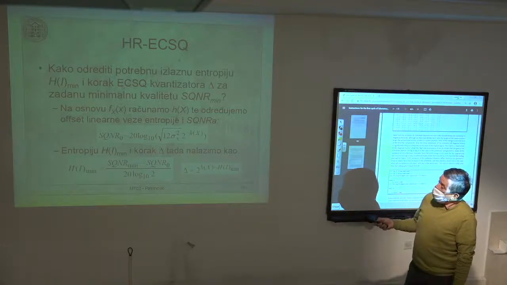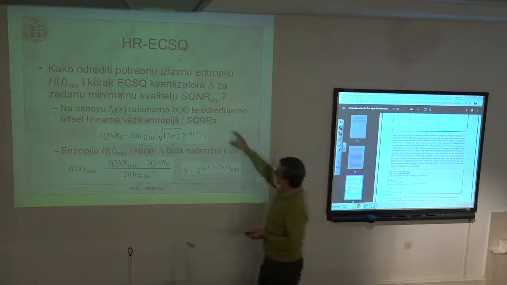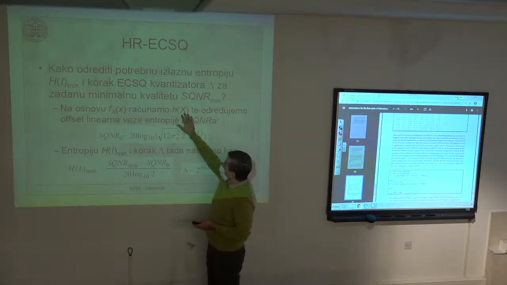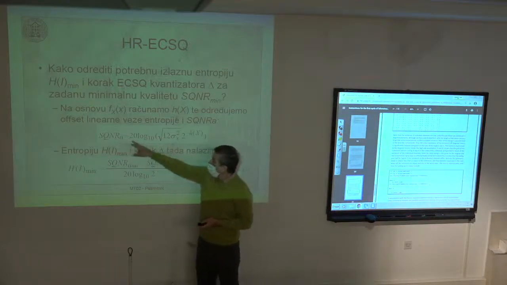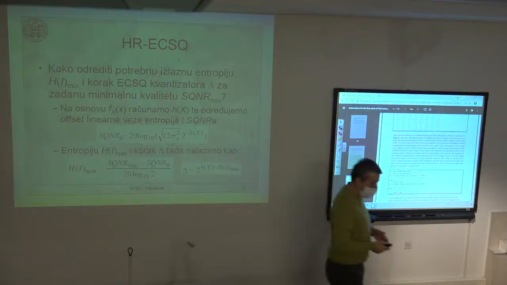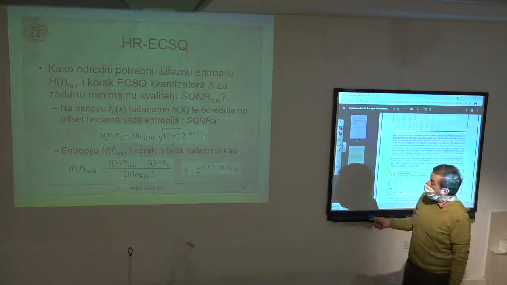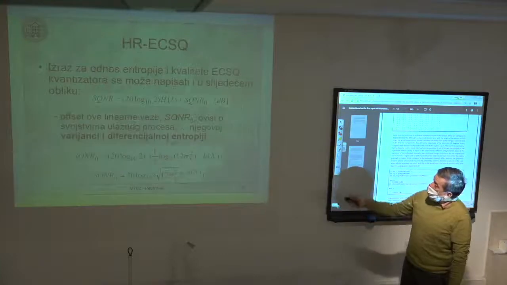First of all, based on the PDF of the process, we must find the differential entropy, h of x. Then, once we have this differential entropy, we insert this h of x into the expression for the SQNR0. SQNR0, that was a function of signal variance and a function of the differential entropy of the signal. Once we have this SQNR0, I actually insert this value into this equation.